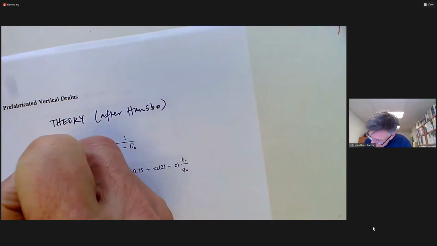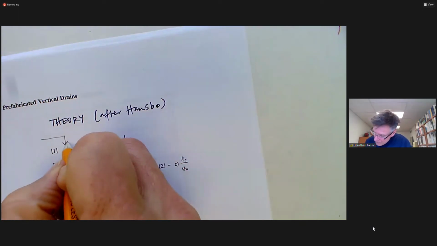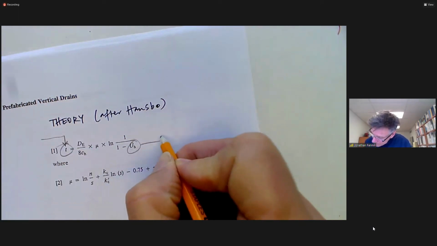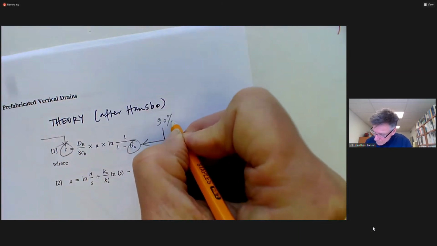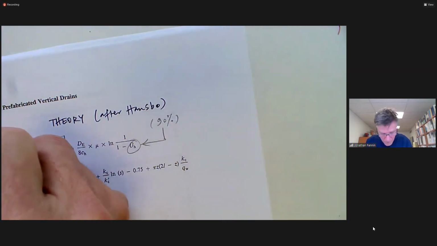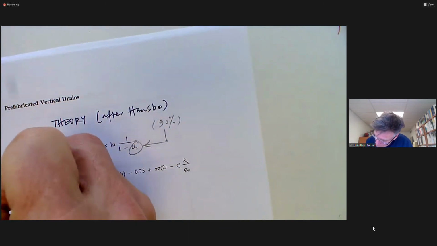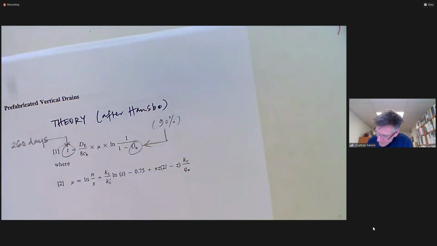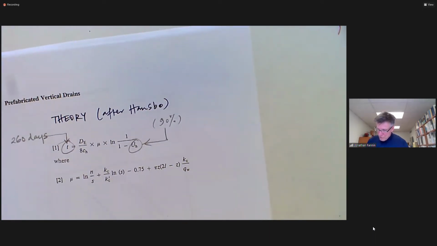We actually know from the settlement records that the time to get 90% consolidation was 260 days at the site. And Hansbo's solution has this function.